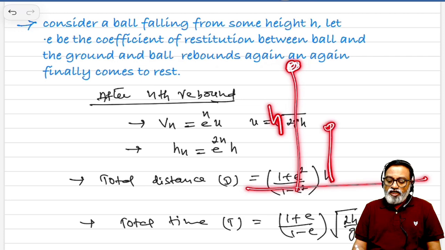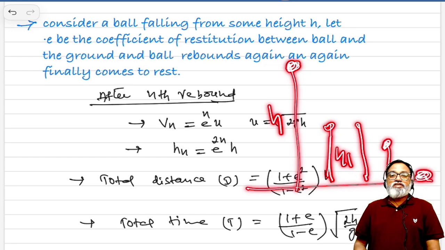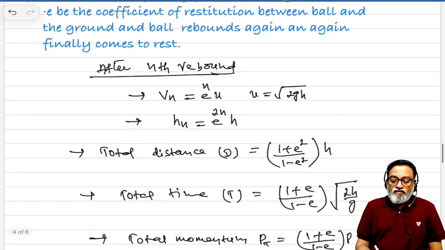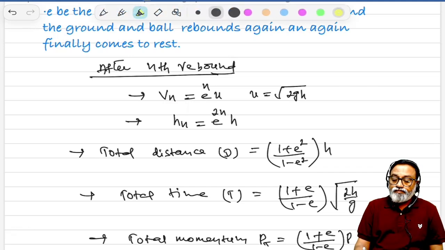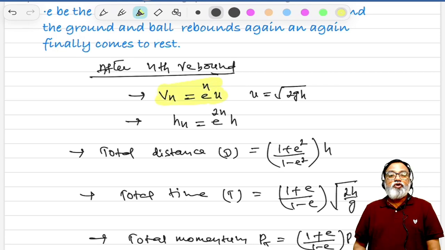After the first rebound, it rises to height h1, and from that height it falls and rebounds to a certain height and finally comes to rest. In this case, velocity after the nth collision, Vn is equal to e to the power of n into u, where u is equal to square root of 2gh. Why? Because it is falling from a height h.